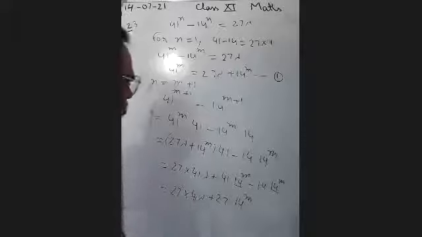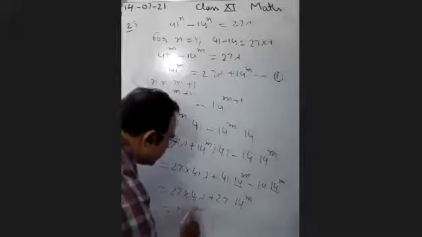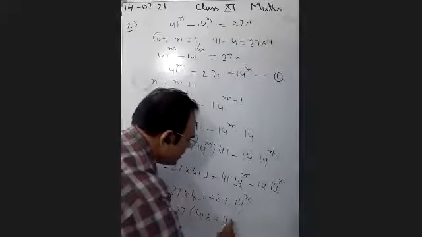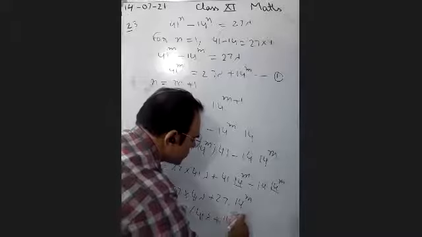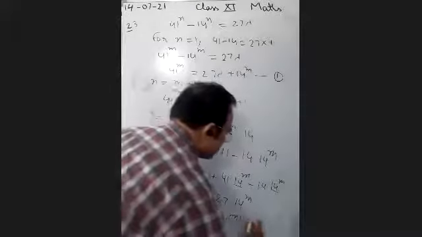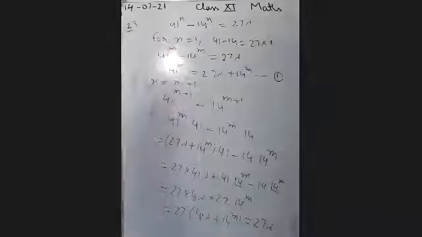We can take 27 common here. We will get 27 into 41 lambda plus 14 to the power m. So it is a product of 27, so it is in the form of 27 lambda. Hence it is true for n equal to m plus 1. This we have proved by using the principle of mathematical induction.